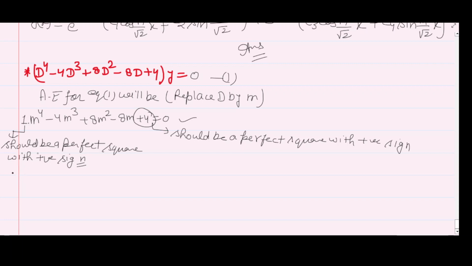Now in order to solve this particular equation, you have to compare it with the equation a^2 m^4 plus 2ab m^3 plus (b^2 plus 2ac) m^2 plus 2bc m plus c^2 equal to 0.